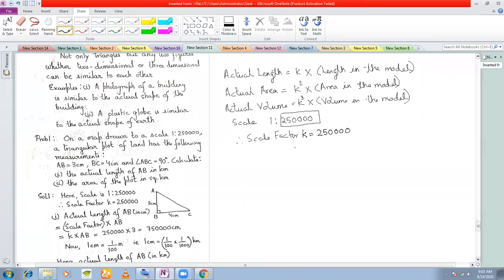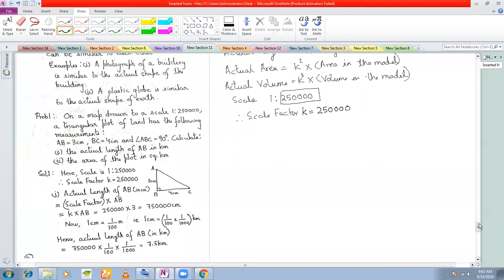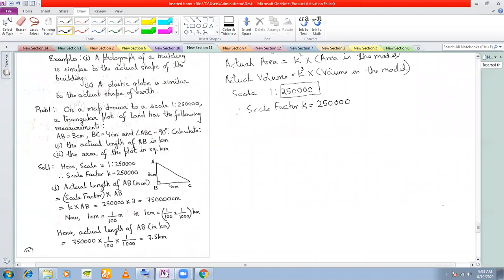On a map drawn to a scale 1 is to 2,50,000, a triangular plot of land has the following measurements in the map. Let us draw a right angle triangle here.